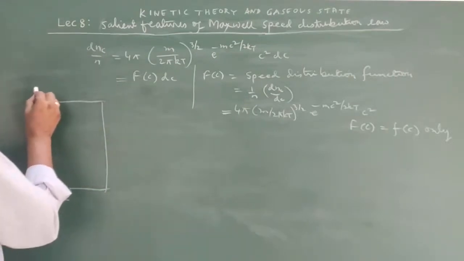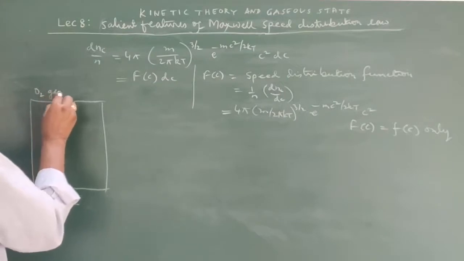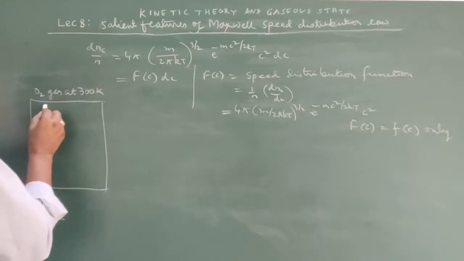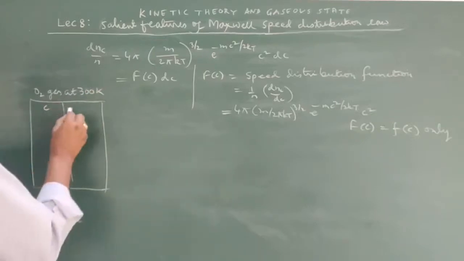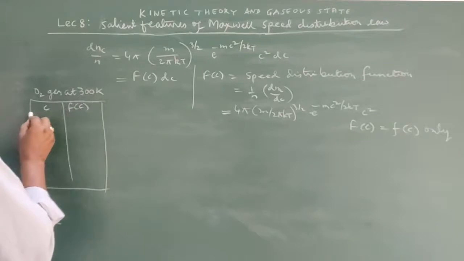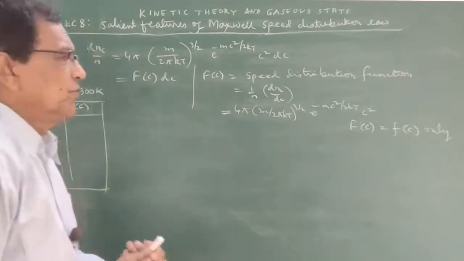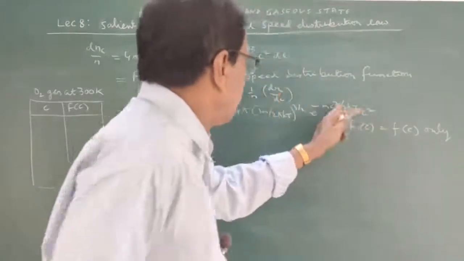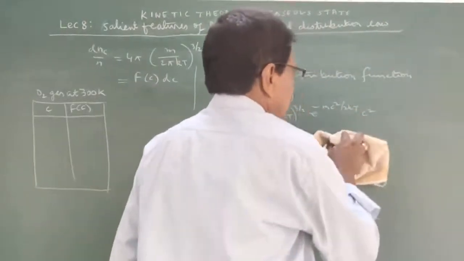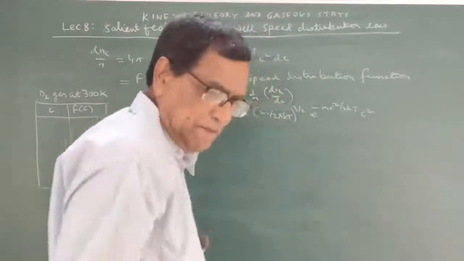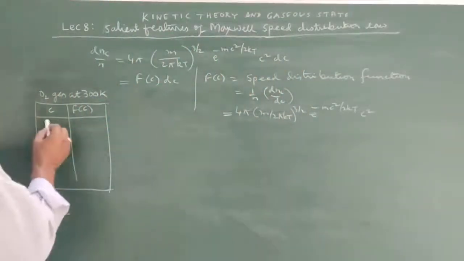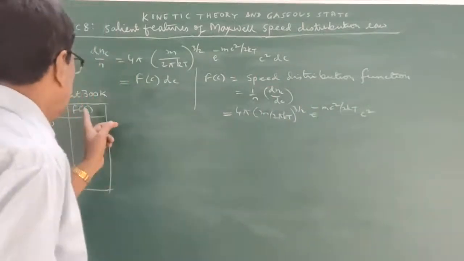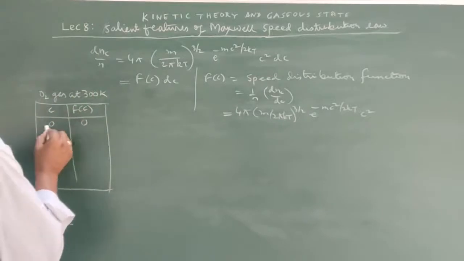We can make the table, say for oxygen gas at 300 Kelvin, with C in one column and Fc in the other. We can put different values of C here and get the magnitude of Fc. Whenever C equals 0, Fc equals 0.